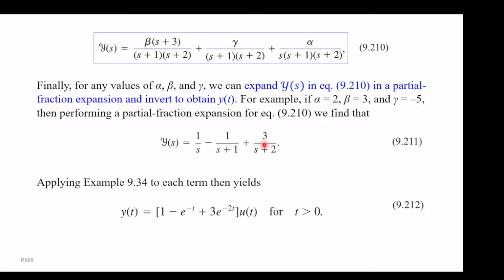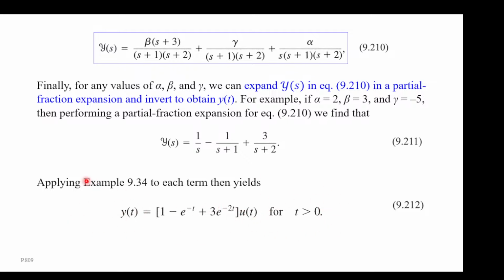Okay, so you write down your Y of s as a partial fraction expansion, and you invert this like the bilateral Laplace transform by picking the ROC always on the right hand side. So you always get the u of t term, and once again 1 over s is just 1, and 1 over s plus 1 is e to the minus t, and 1 over s plus 2 inverts to e to the minus 2t. And so y of t is just 1 minus e to the minus t plus 3 e to the minus 2t, times u of t, and this is for t greater than 0.